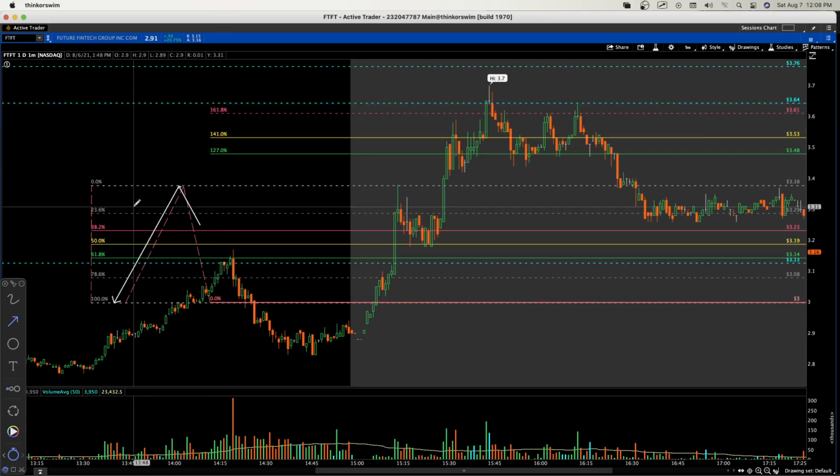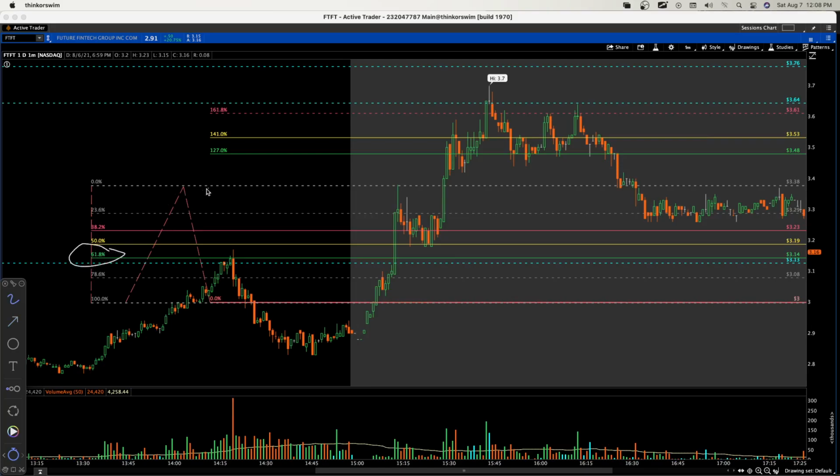You have it here on your retracement, and then you have it here on your extension. So people really tend to pay a lot of attention to those two. Like I said, they call it the golden ratio, and there are reasons for that. You can certainly Google and get some more information on that if you want to check it out.